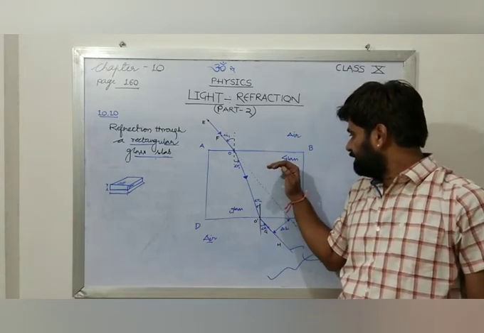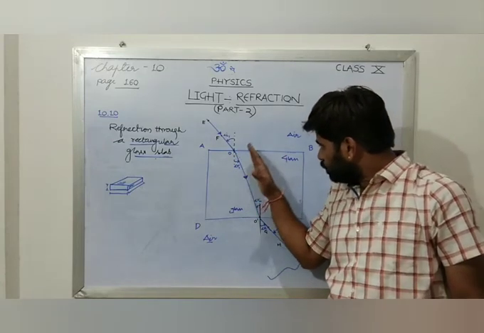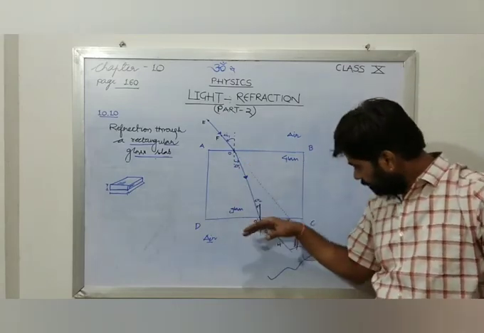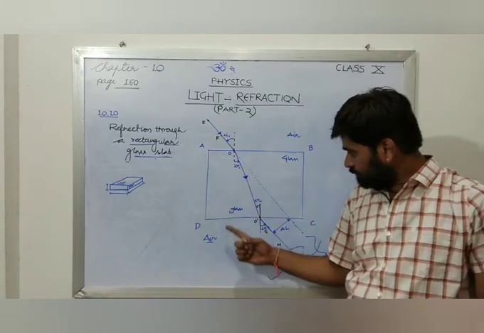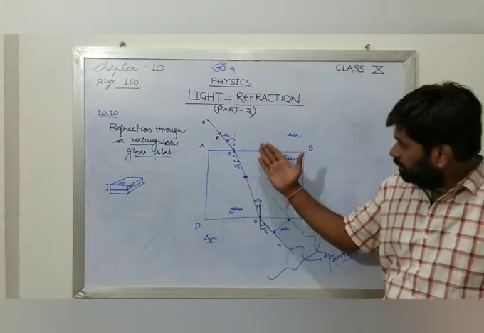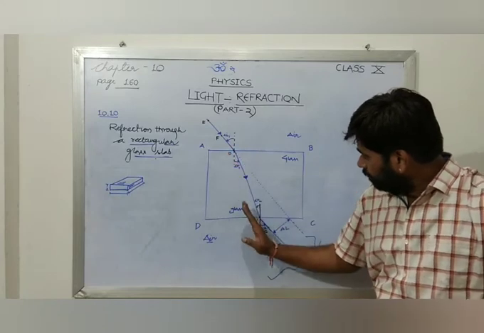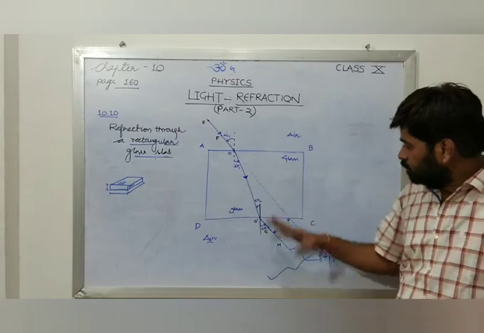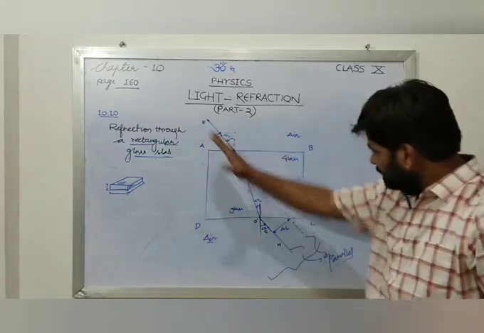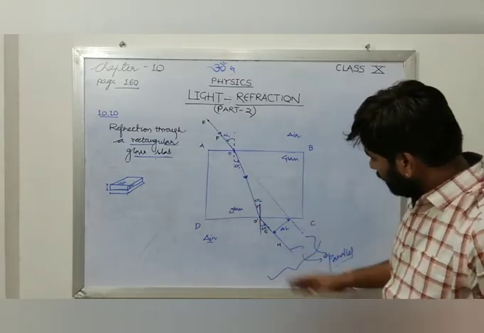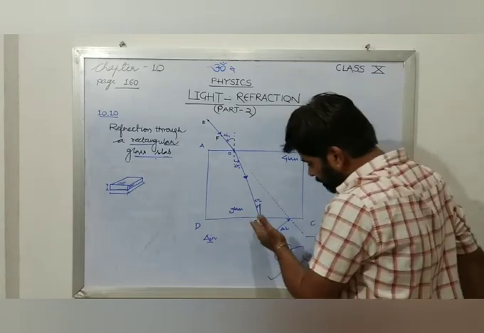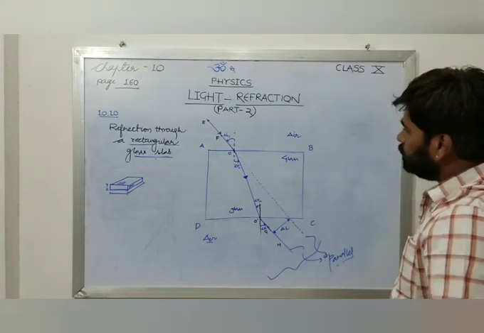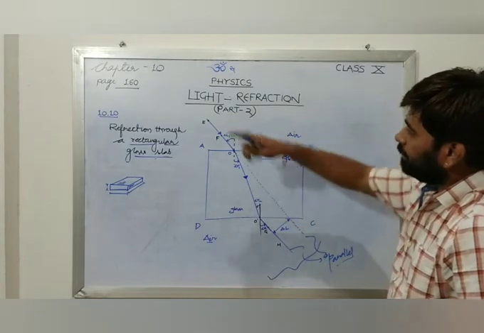If the speed decreases, it tilts towards or away from the normal, and accordingly when it moves again from glass to air, the tilted angle is maintained in the opposite direction. So these two angles are nullified and we get the same direction of that line, but it is shifted by delta L. So this was activity number 10.10.